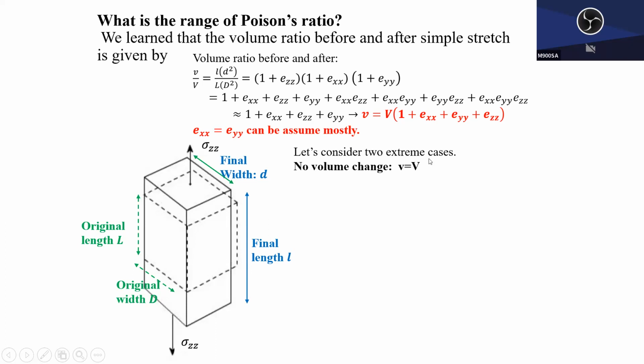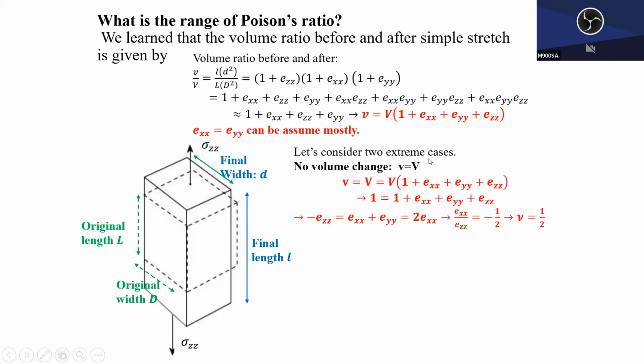Rigorously speaking, it changes a little bit, but from a macroscopic perspective, the volume is the same. So macroscopic analysis tells us that for polymer or rubber, volume never changes. That means this term has to be 1, right? And also in this case, EXX and EYY have to be the same.